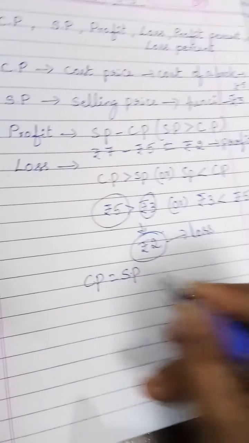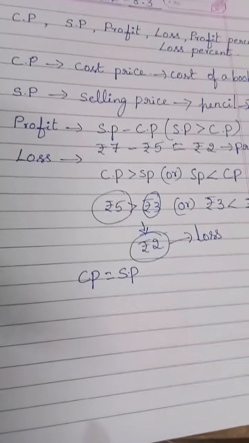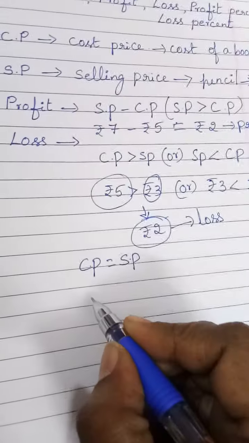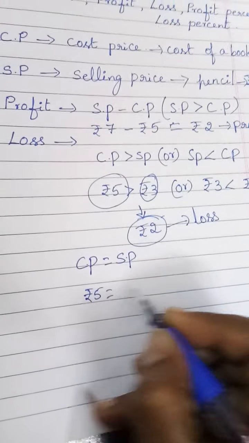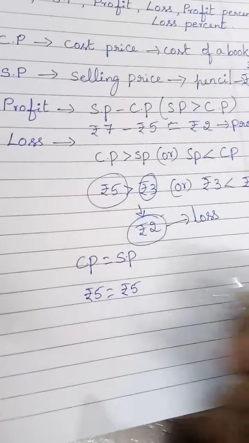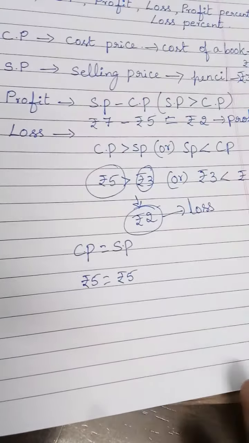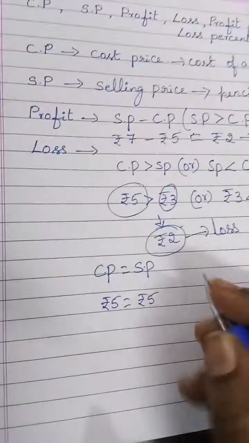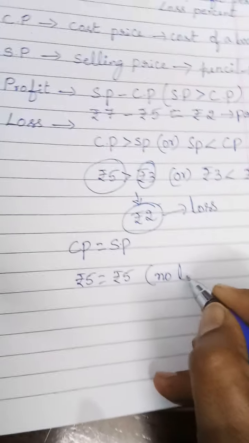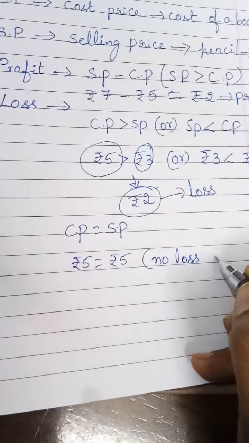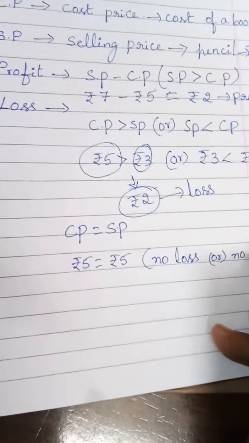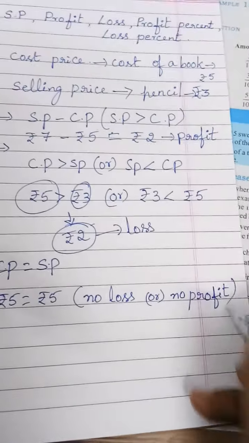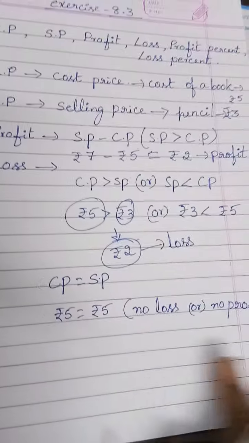When both prices are equal, for example, you bought the book for 5 rupees and sold it for 5 rupees, there is no loss and no profit. So you are in a no loss, no profit situation. Clear?